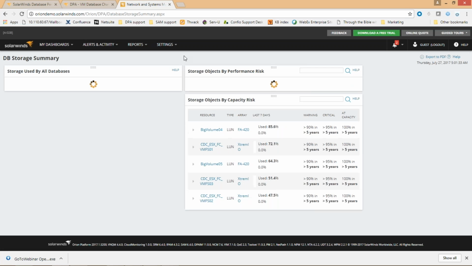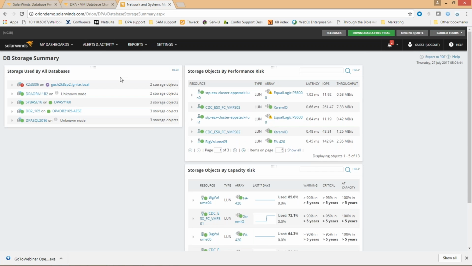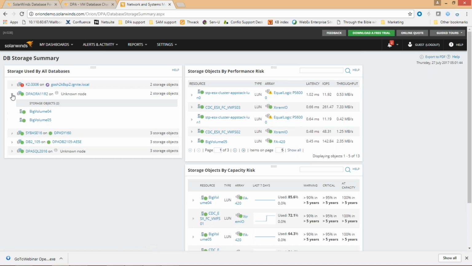Now, what storage volumes or LUNs am I dependent on? We do this storage array volumes to database mapping automatically. I can click on these and quickly see: is my database suffering because my storage is suffering latencies, or has some kind of issue on its side.